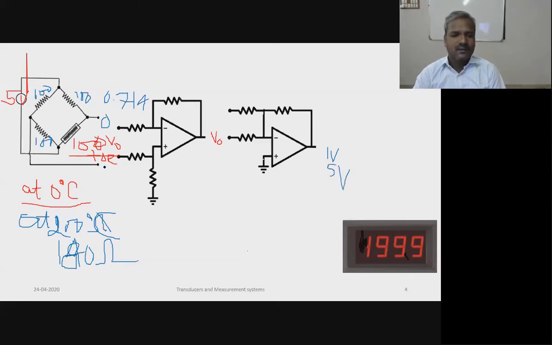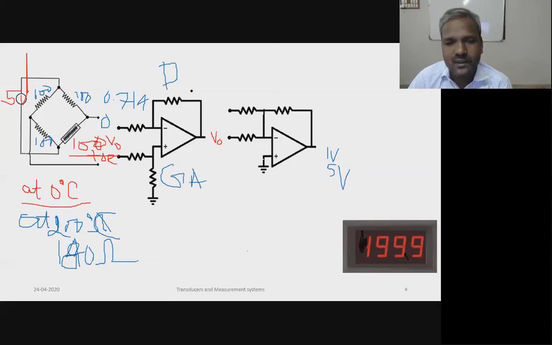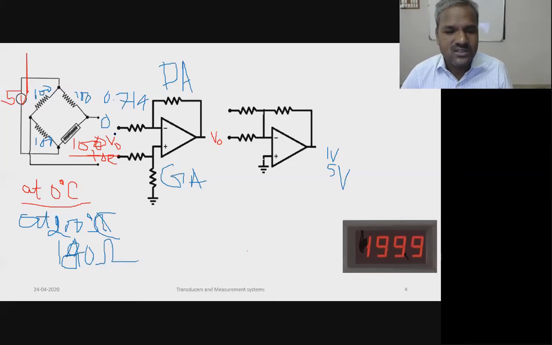But this is nothing but a differential gain amplifier. So we have to design whatever gain we have, the input is 0, output is normally 0.